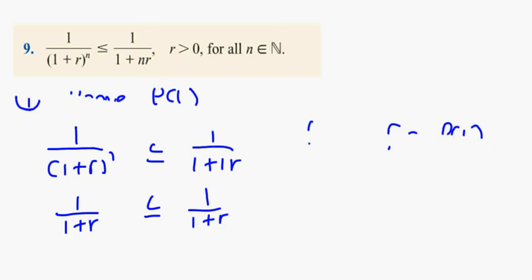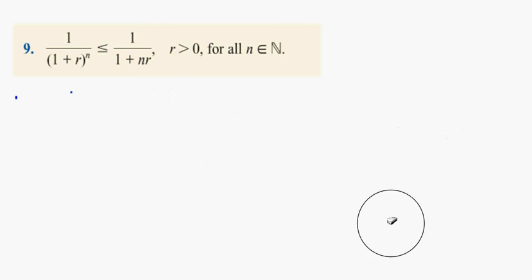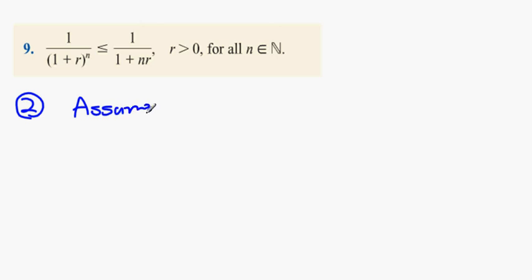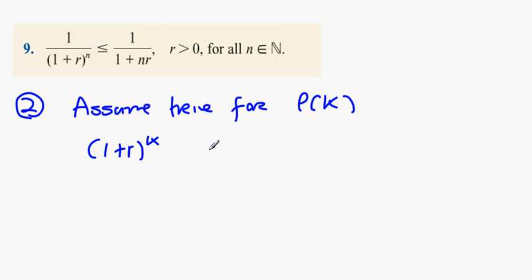Now, moving on, assume true for P of k. In P of k, we're going to have 1 plus r to the power k greater than or equal to 1 plus kr.